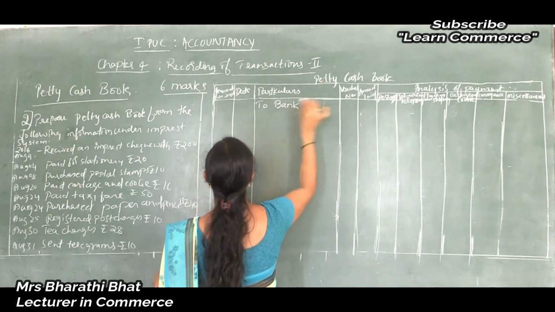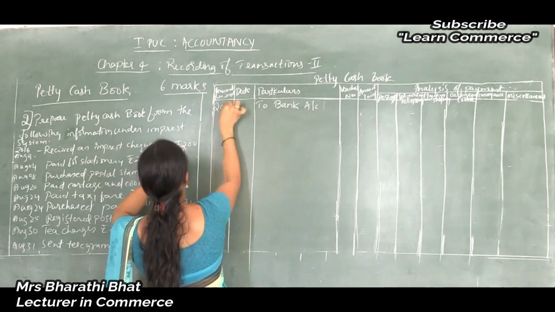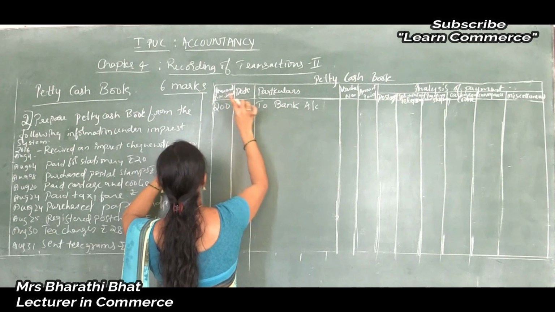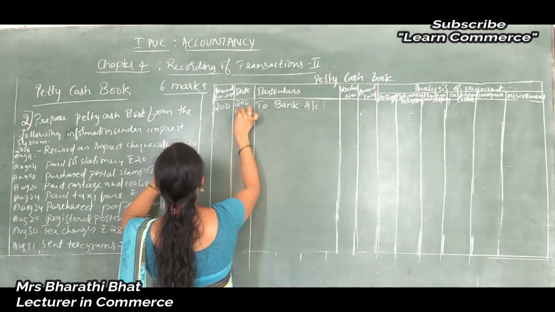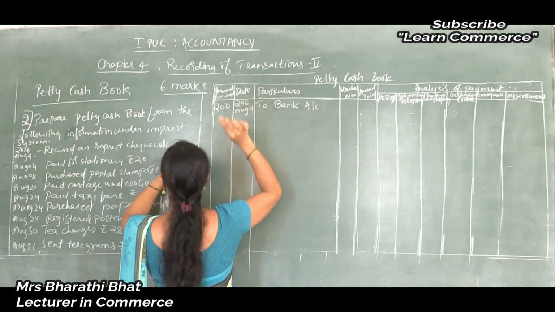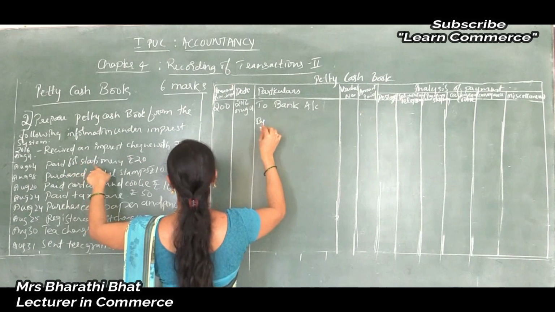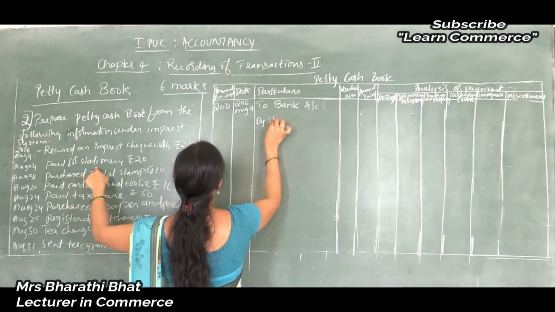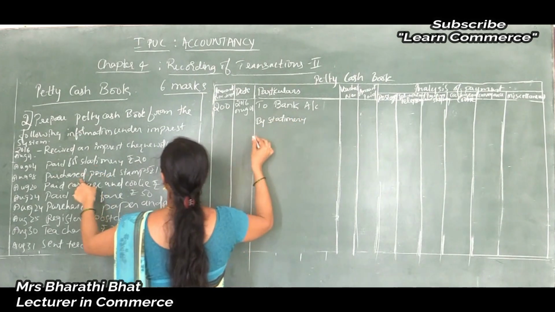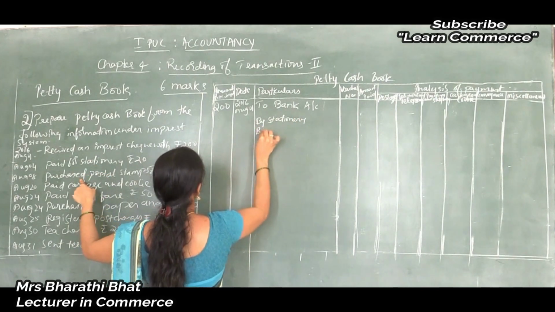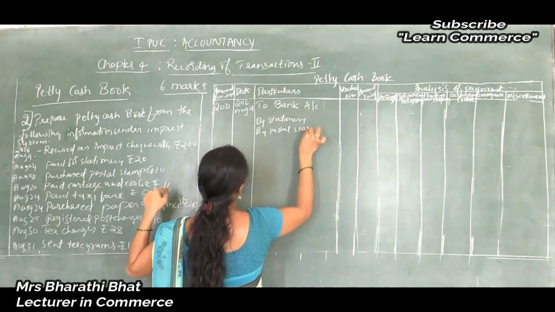First one, to bank account, and amount on your left side ₹200, date 2016 August 1st. Next write all the expenses, meaning payments. First one by stationery, and next one by postage, meaning postal stamps.